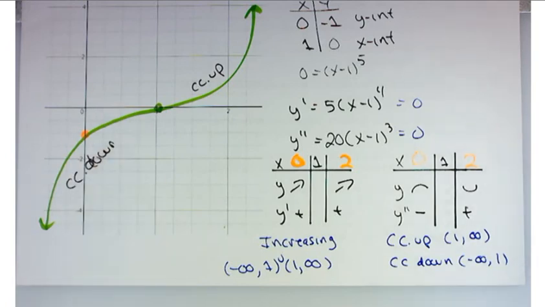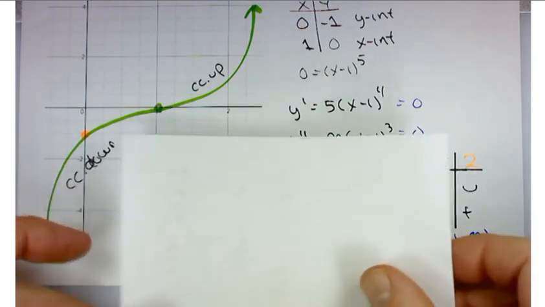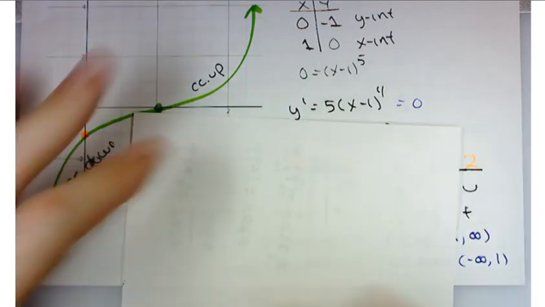I think it's better to pay more attention to the concavity when you start drawing, then it'll take care of the increasing, decreasing, I think. Not necessarily, because, well, it was increasing for both, but if one was concave down, the other one was concave up.